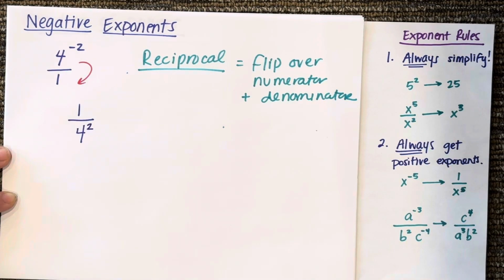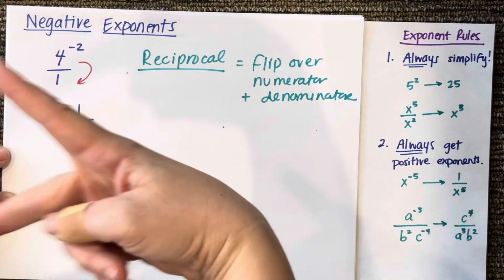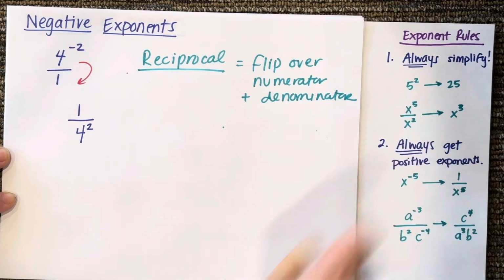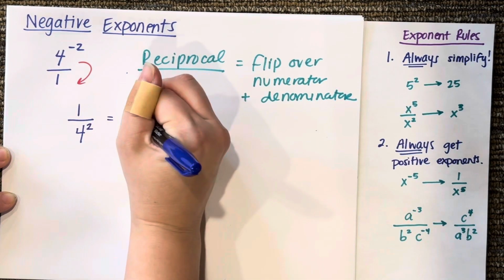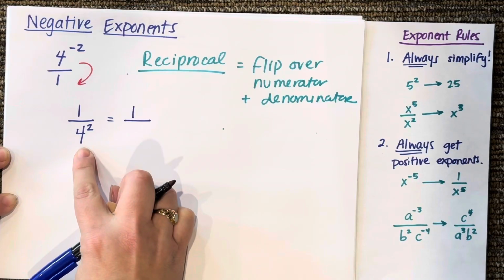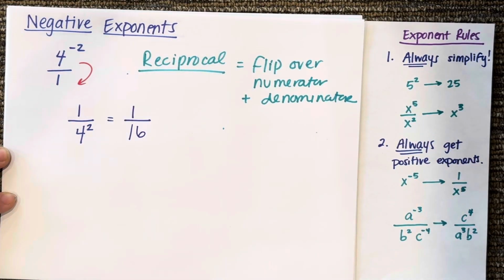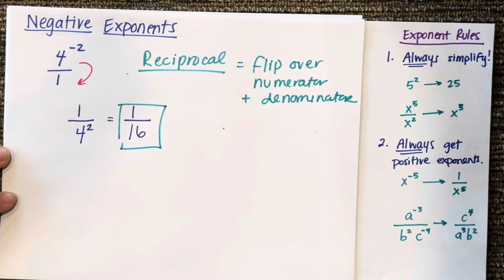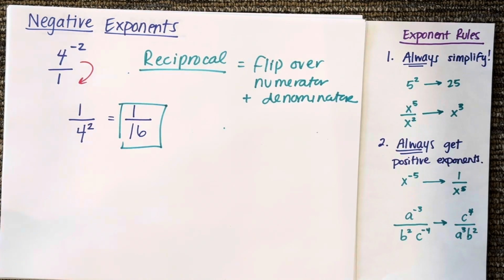So if you have a negative exponent, you're just flipping your base number, you're flipping the reciprocal, and then that exponent becomes positive. So now I have 1/4 squared, and I want to simplify. This will be 1/4 times 1/4, which is 1/16. Okay, so that would be my nice simplified answer with a negative exponent.